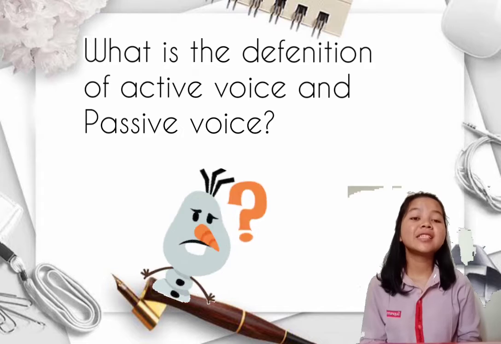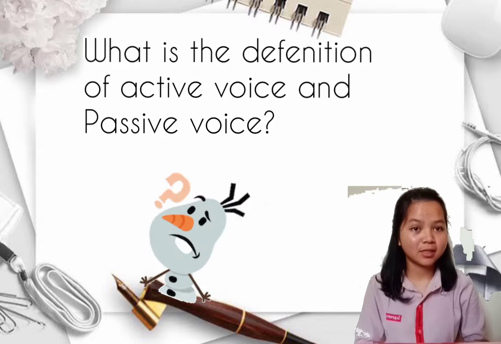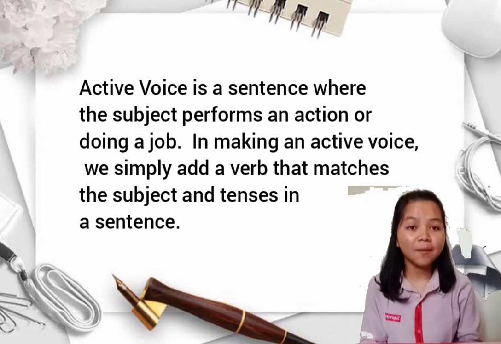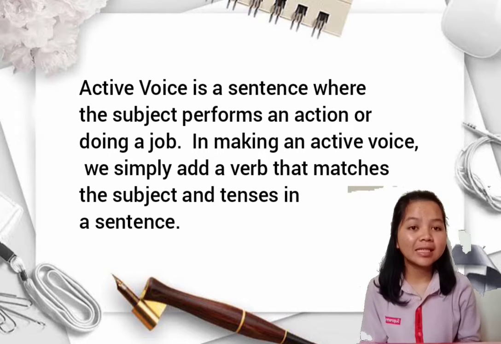Alright, what is the definition of active voice and passive voice? Active voice is a sentence where the subject performs an action or does a job. In making an active voice, we simply add a verb that matches the subject and tenses in a sentence.